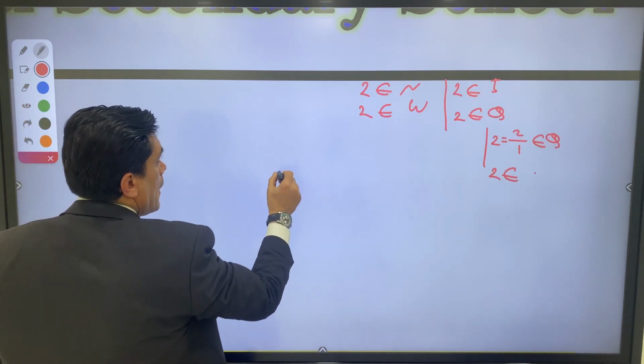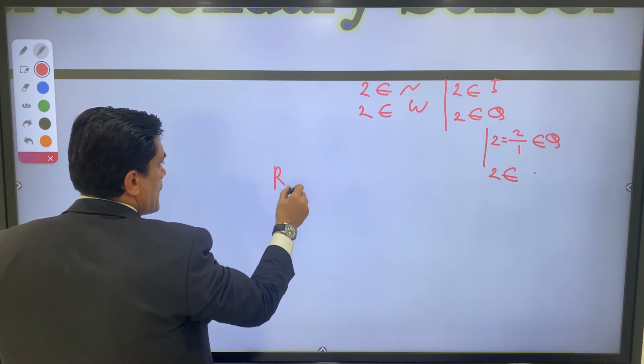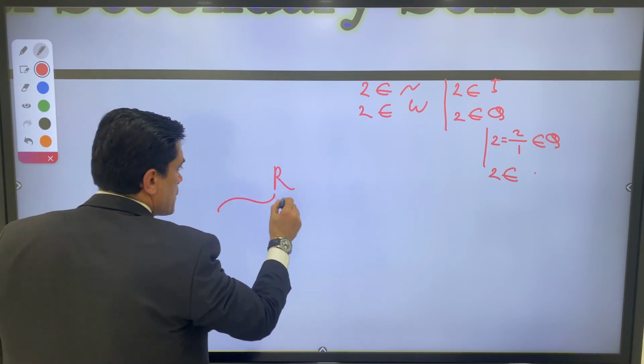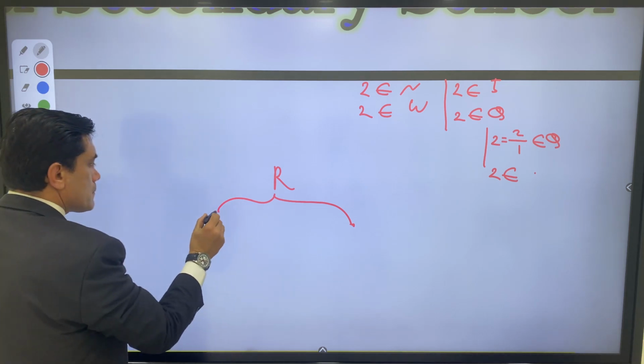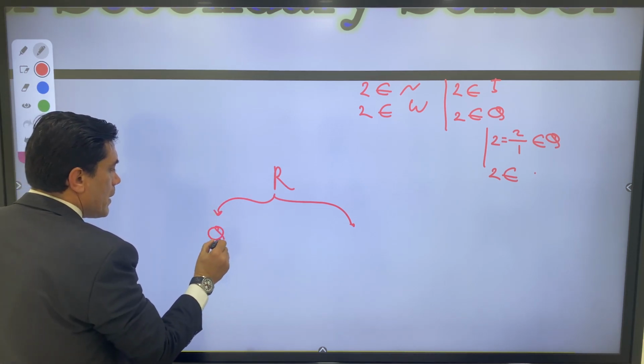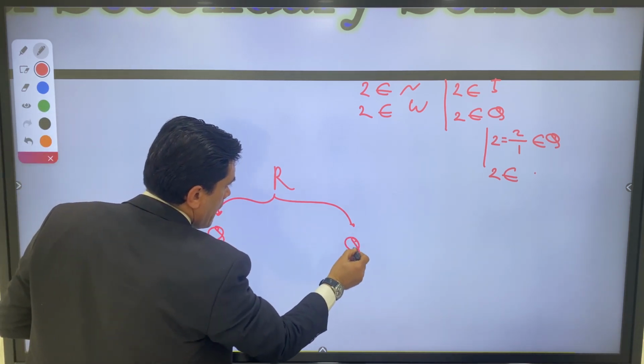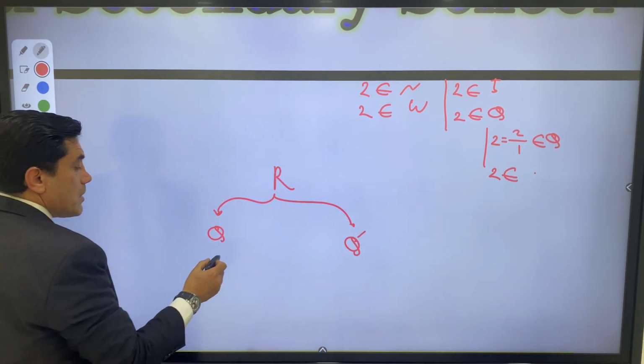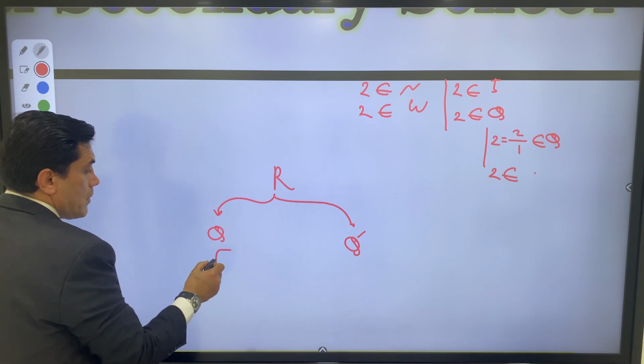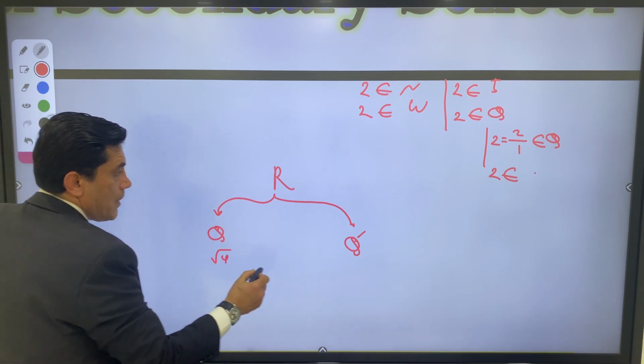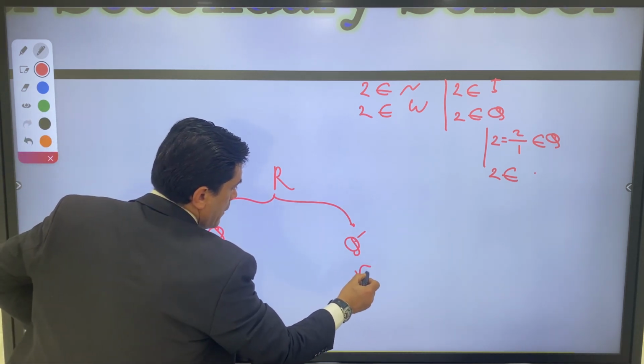Okay, for example, R is classified into two parts: rational numbers and irrational numbers. For example, rational number: square root of 4. Irrational number: square root of 3.